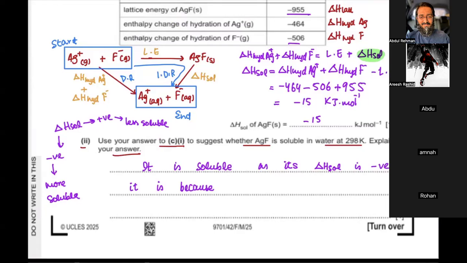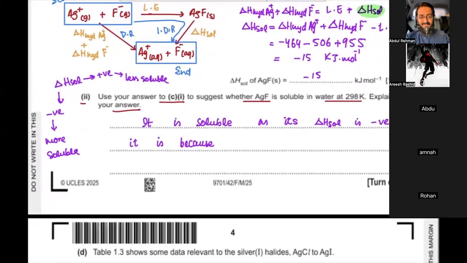that if you see, you are getting this negative, right? If it is negative, then it means these hydrations are greater than the lattice energy. So enthalpy change of hydration is more exothermic than the lattice energy. This makes the enthalpy change of solution negative, and the compound becomes more soluble.